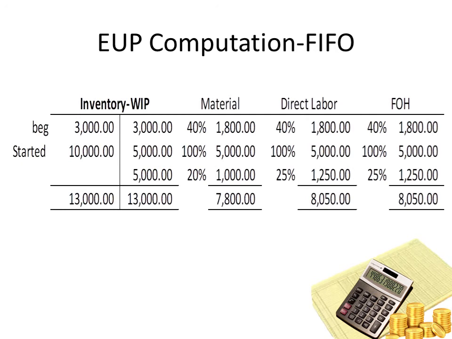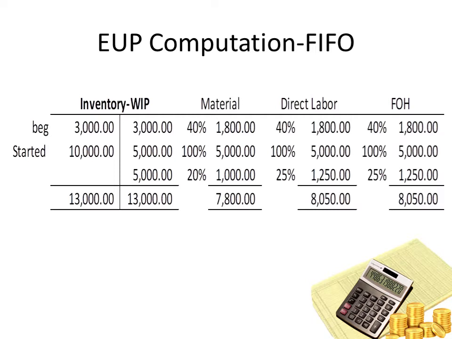So, let's see. Take note, we have the beginning inventory 3,000. Then, we also have started and transferred 10,000. So, we do the T account. We have beginning 3,000 and then started and transferred 10,000. Take note, it was said that we have 5,000 ending inventory.